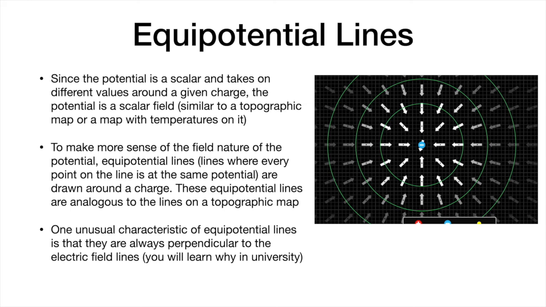And so no matter how you draw the lines going through the vectors, the equipotential lines are always perpendicular to those vectors, right? And so there are a couple where I've tried to draw it so that the green circles are actually passing through the white vectors. And I hope that you can see that whenever that happens, they're always perpendicular to each other. They're always at 90 degrees.